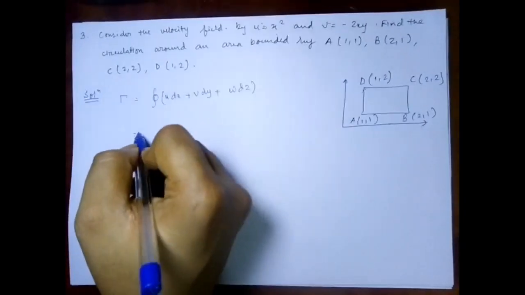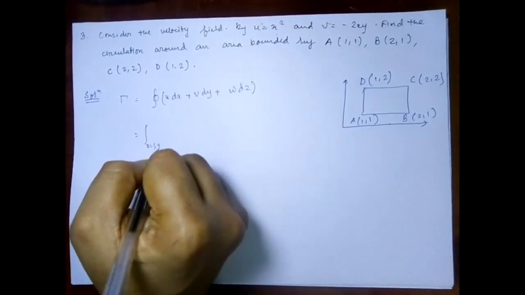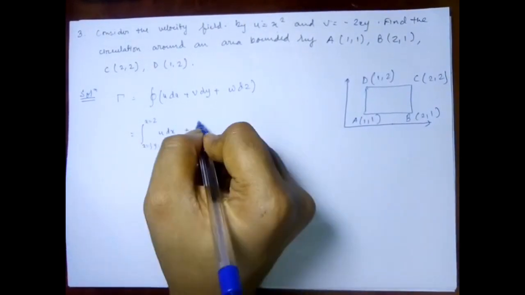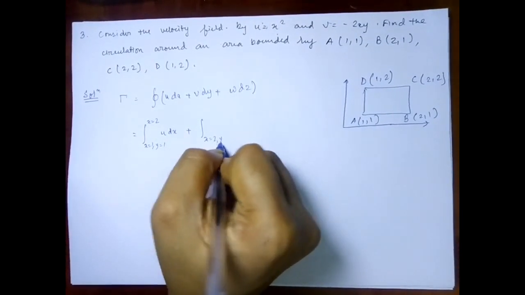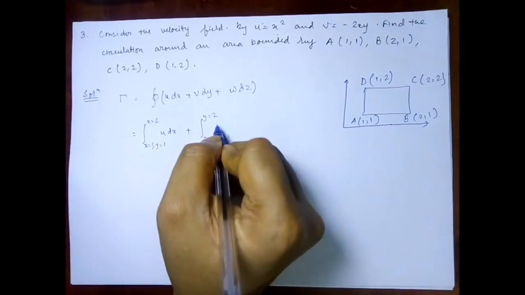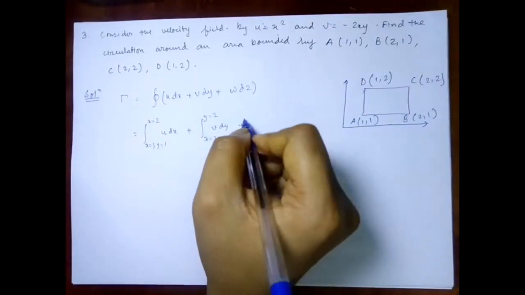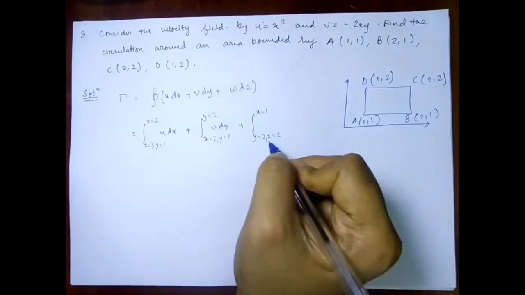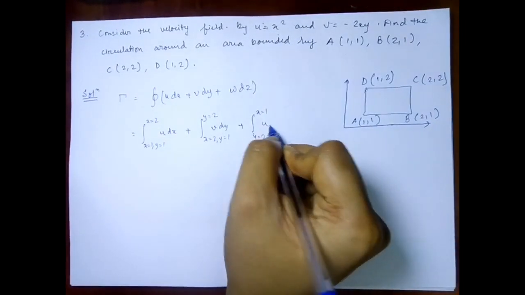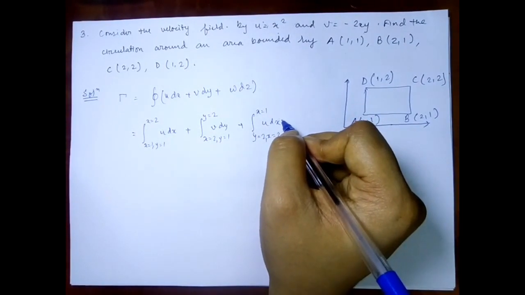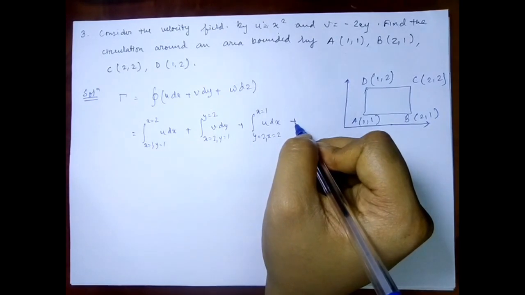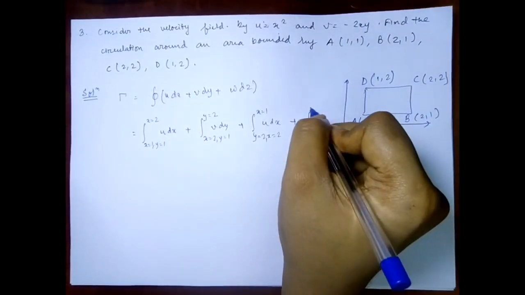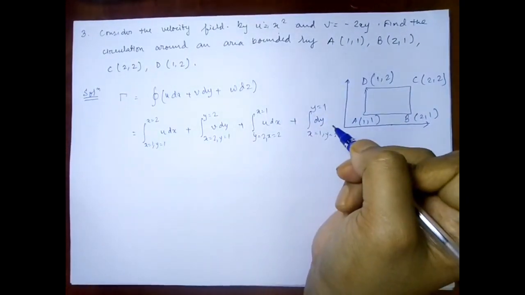Again, on expanding this one, it will be integral of x equal to 1, y equal to 1 and x equal to 2 u dx plus x equal to 2 and y equal to 1 and y equal to 2 v dy plus x up to x equal to 1 and y equal to 2, x equal to 2 u dx plus integral of x equal to 1 comma y equal to 2 up to y equal to 1 v dy.